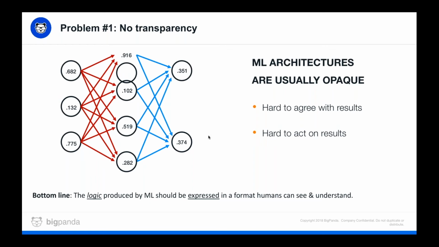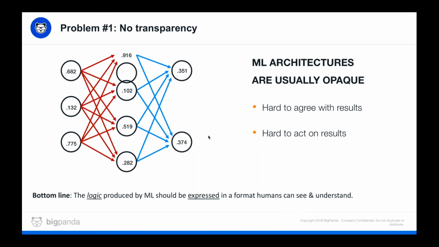And I actually think this is almost like a showstopper for many organizations, because unless you have that kind of transparency, it's hard to agree or accept the results of machine learning. And then the next step, acting on those results, also becomes a challenge if you don't have that transparency.